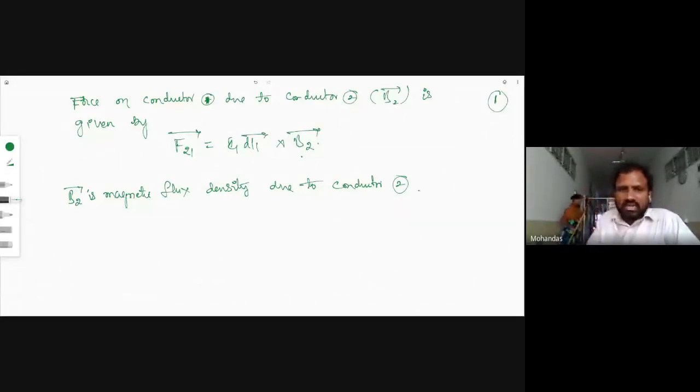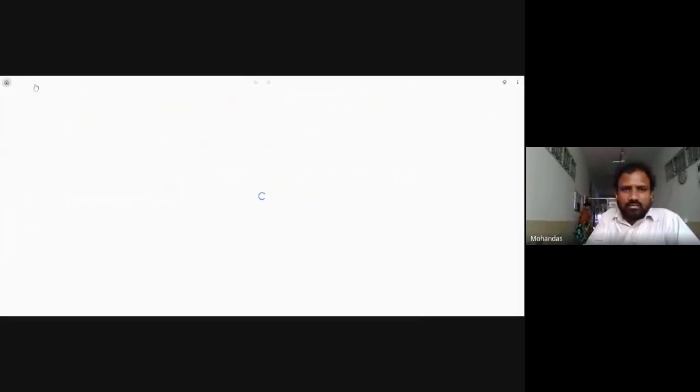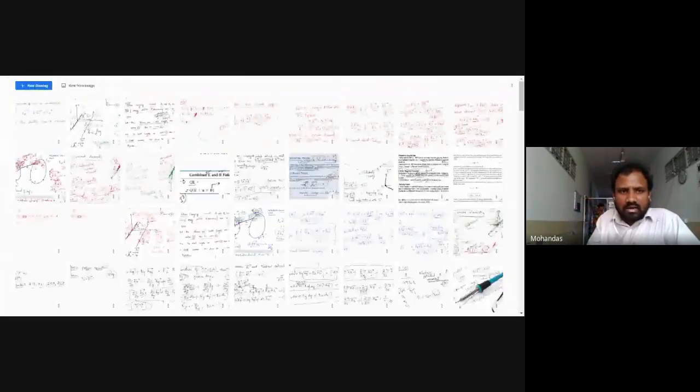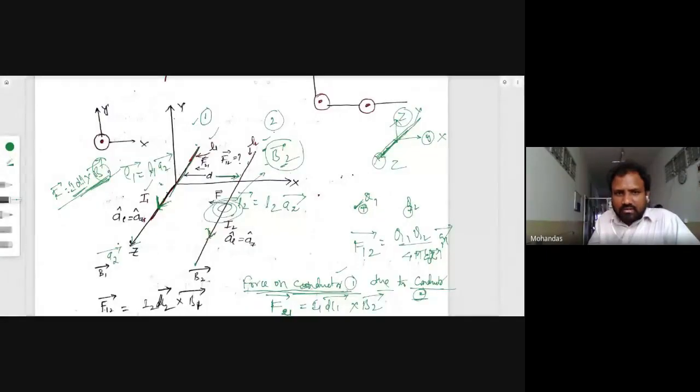So let us take conductor 2 here. This is our conductor 2. Now, where we are calculating the force, it is a long conductor, so approximately you can take it as an infinite conductor. By sitting on conductor 2, we are calculating the force on conductor 1.